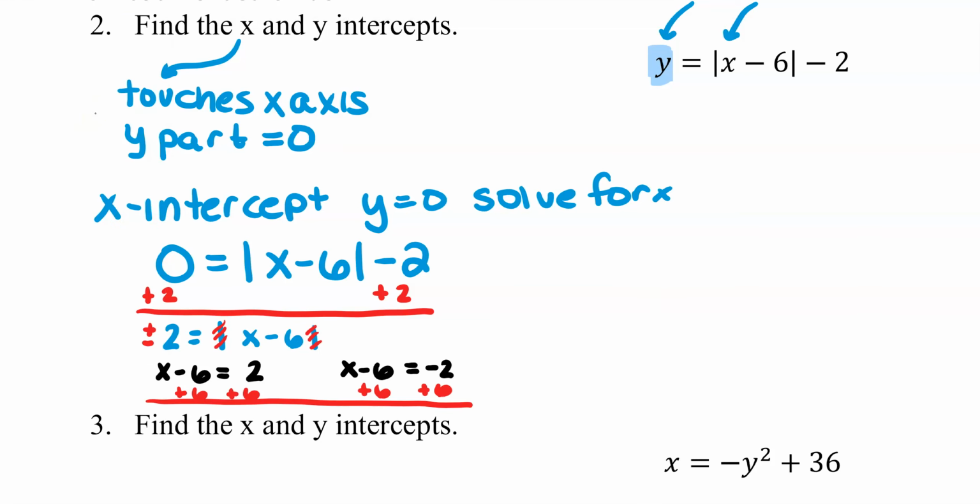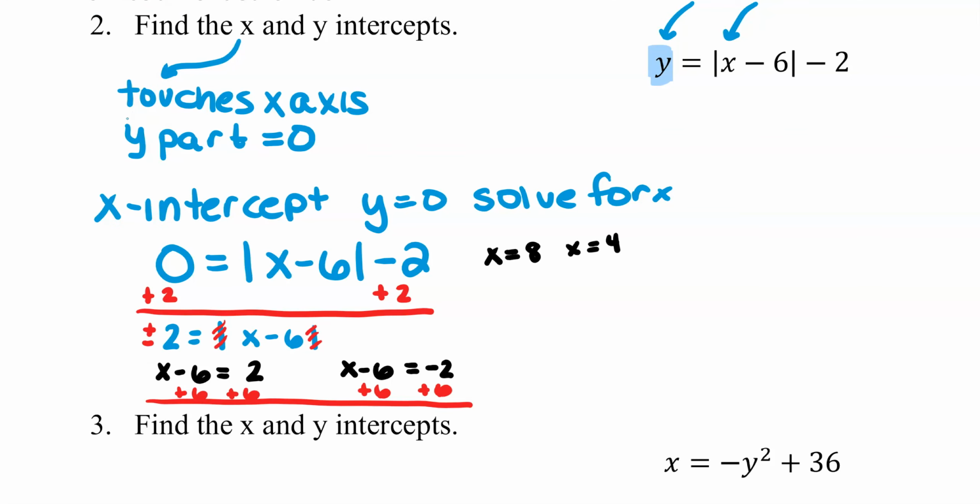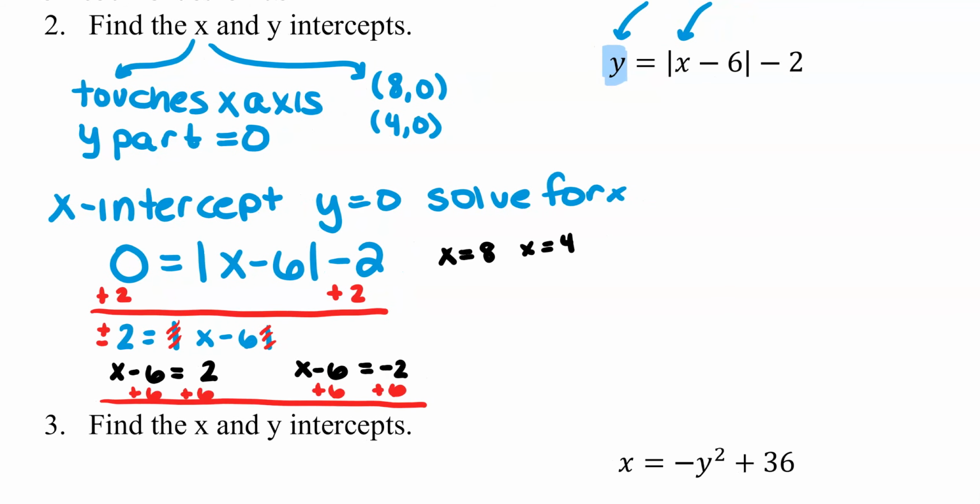So that gives me x equals 8 and x equals 4. Negative 2 plus 6 is 4. So what does that mean? That means that the x-intercepts for this graph are going to be at 8, 0 and 4, 0.